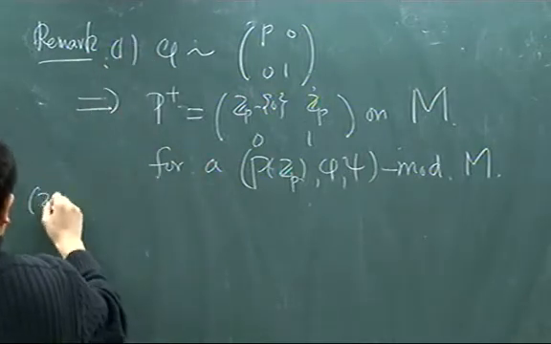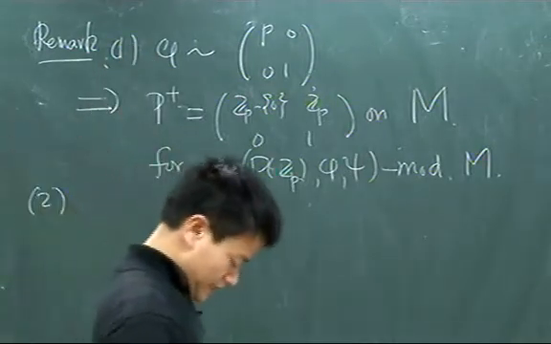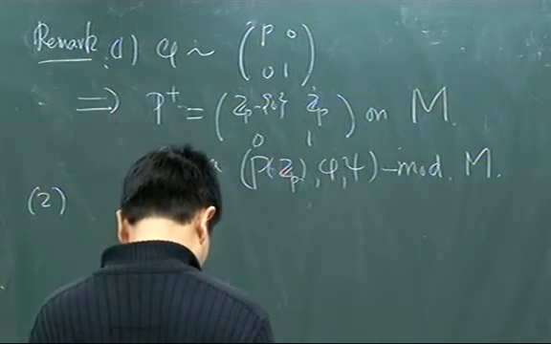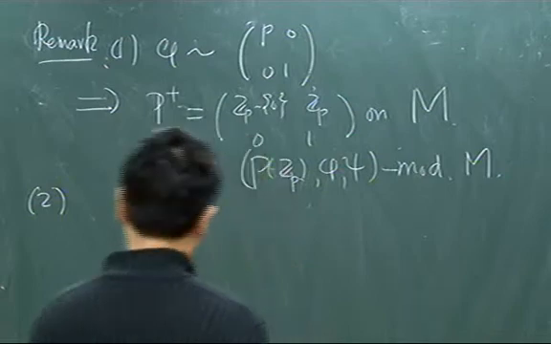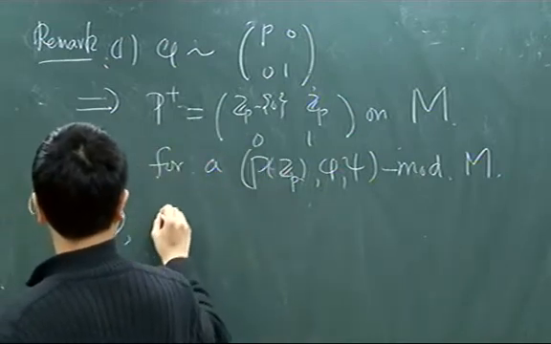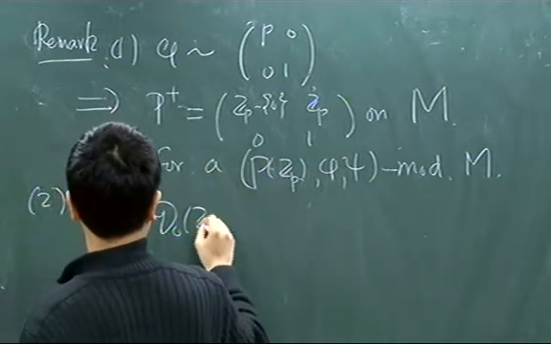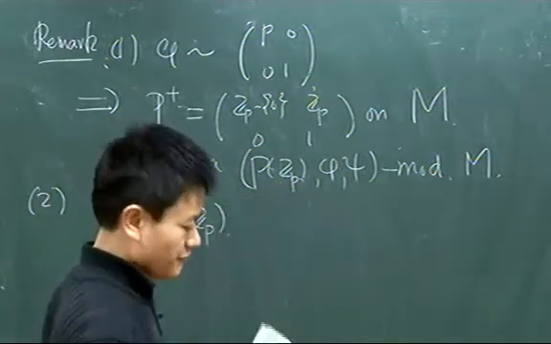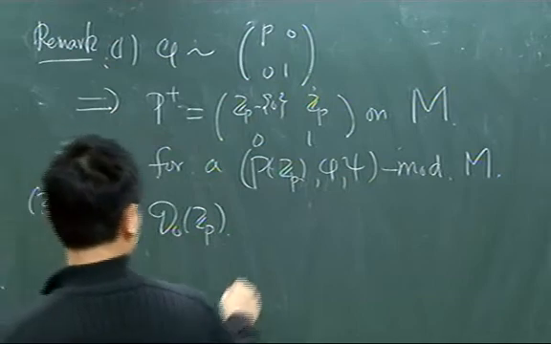This is one remark. The other remark is we have some examples of these. D certainly, or D_0 Z_p, is a P-Z_p phi-gamma module, and also D dagger.